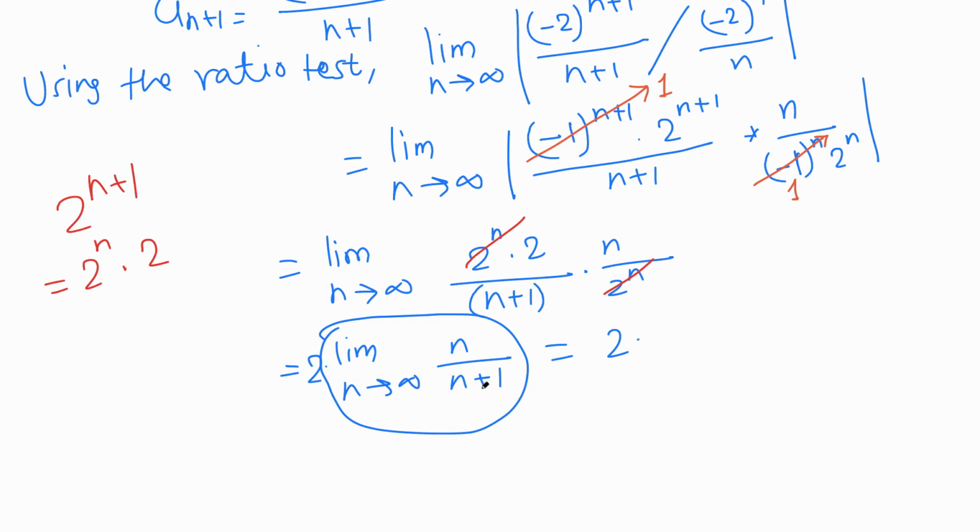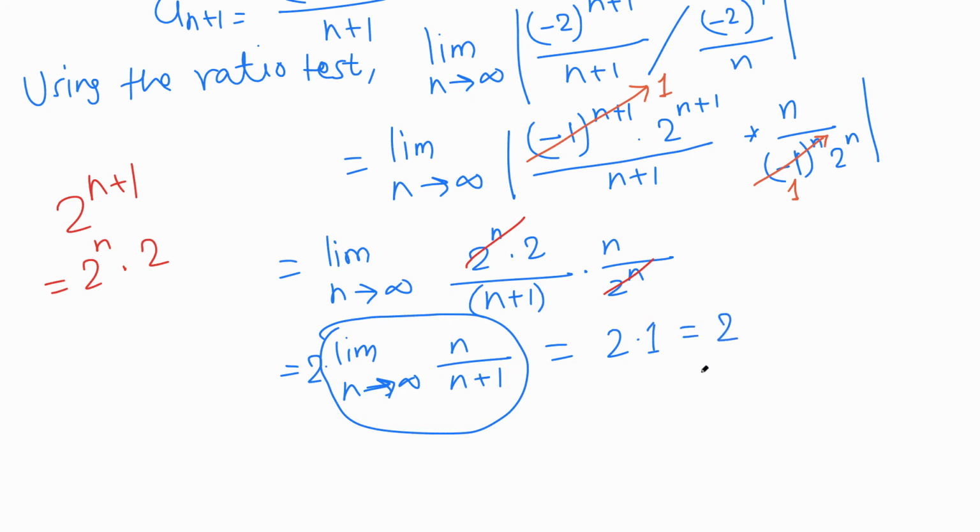Pretty much we are finding the horizontal asymptote, and when they are both 1x, they have the same exponent, so this will be just 1 over 1. So this limit will be 1. Eventually when n goes to infinity, n and n plus 1 both go to the same place, that's why the ratio is 1.